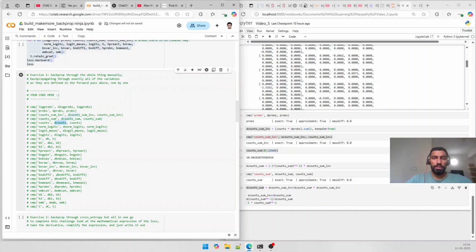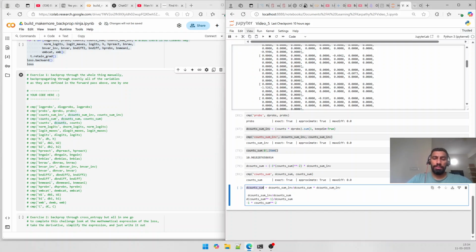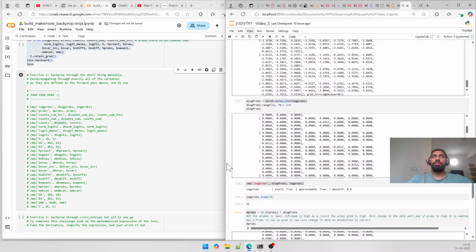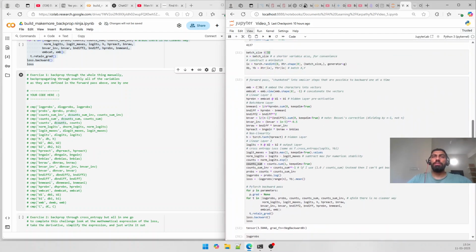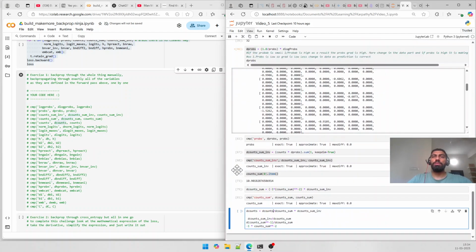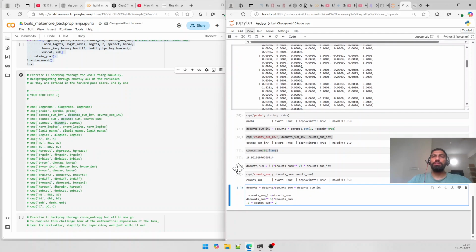Now we need to calculate the counts. So this will again be equal to d count by d count sum, and this should be this way. Okay.